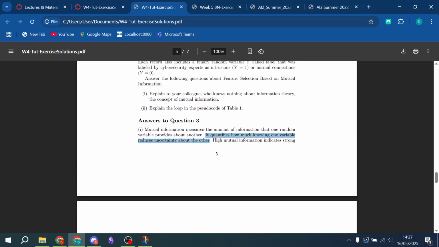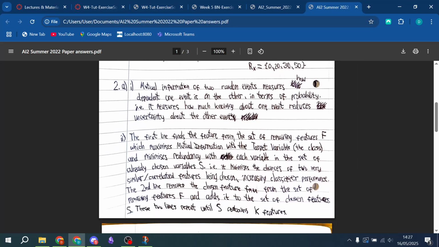Strong dependence. Yeah, so the way I wrote it was: the mutual information of two random events measures how dependent one event is on the other, in terms of the probability. I didn't write this, maybe I should have, but if mutual information is 0, the events are independent, and other than that, as the mutual information increases, the amount they depend on each other increases.